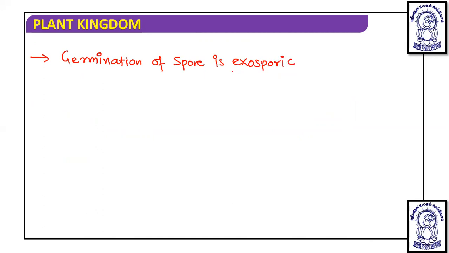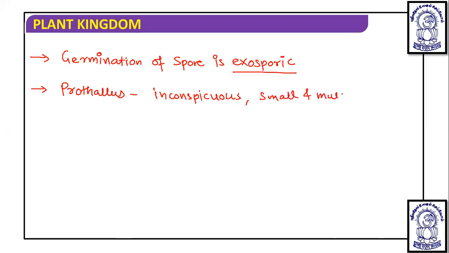Exosporic means outside, on the soil. Another thing is that on spore germination, the prothallus or gametophyte is produced. According to NCERT, this prothallus is inconspicuous, meaning not clearly visible. It is an inconspicuous, small, and multicellular gametophyte.